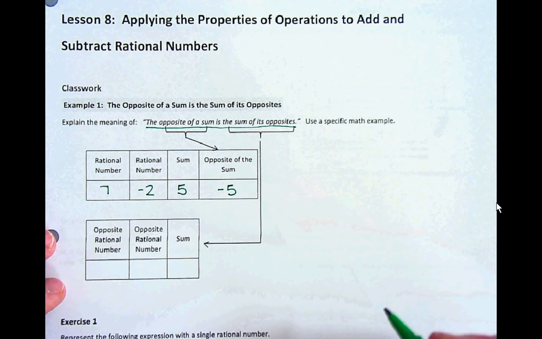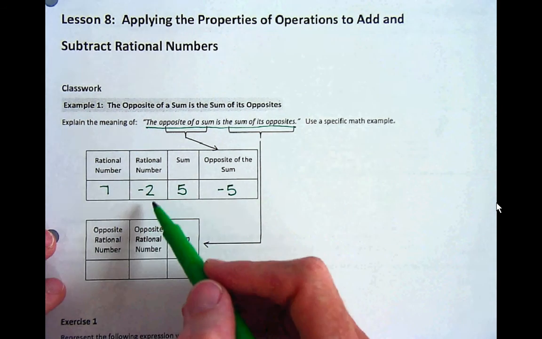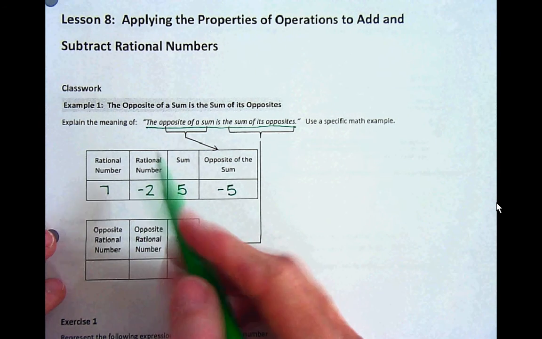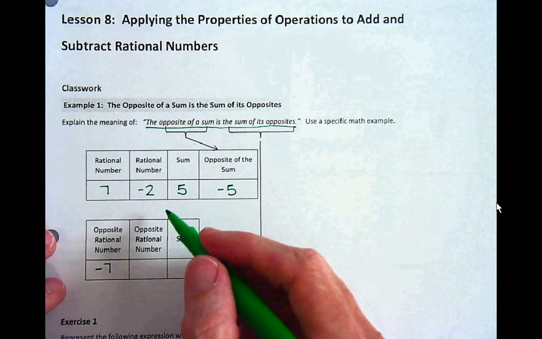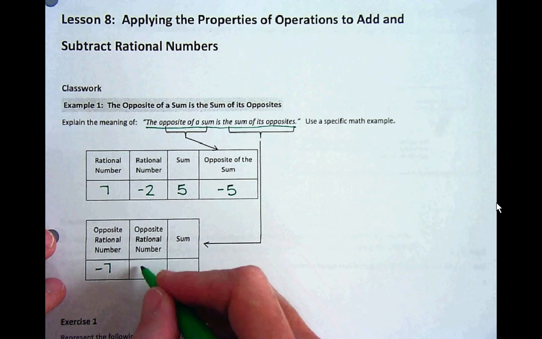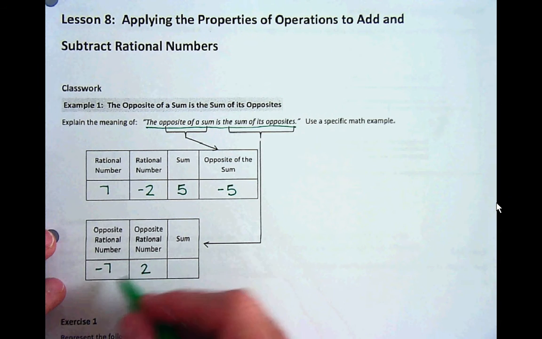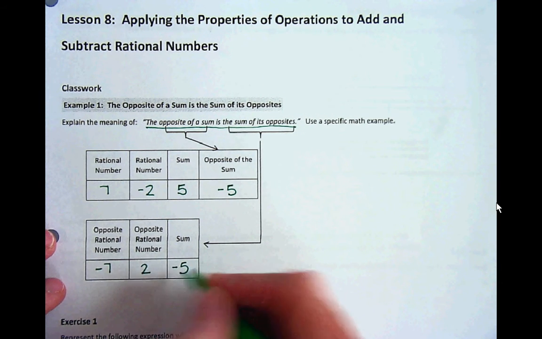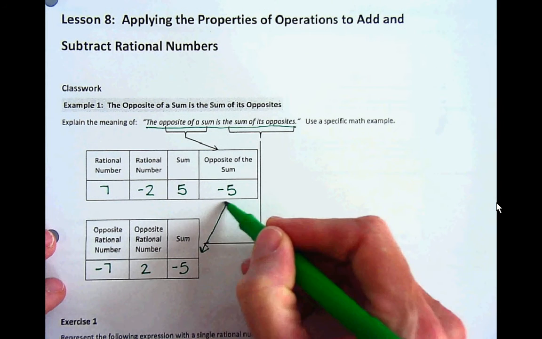Now, let's say we took those two addends, the p and the q value, and take the opposite of each. The opposite of 7 would be minus 7, and the opposite of minus 2 would be positive 2. If we add those two together, minus 7 and positive 2, we get minus 5. So notice that these two numbers are the same.